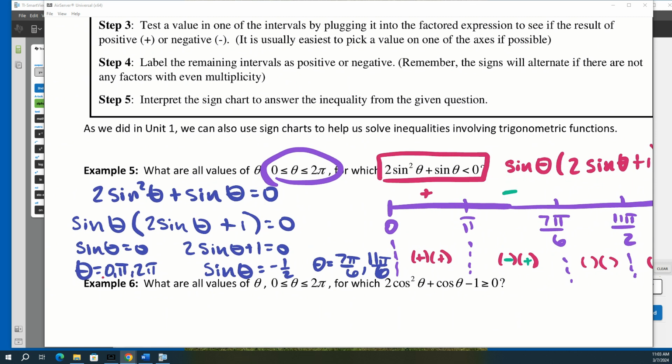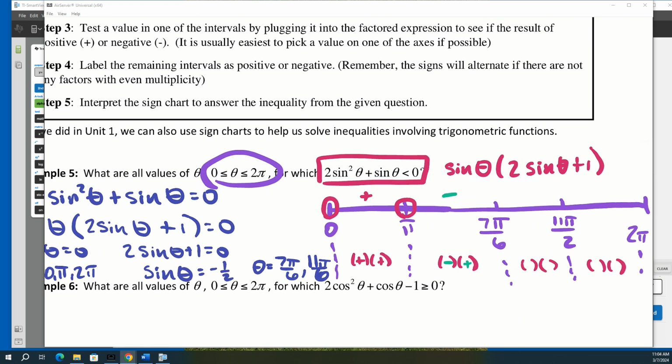Open. So if I don't have the or equal to, I don't include those in my answers. So I have 0, pi, 2 pi, 7 pi over 6, and 11 pi over 6. They're all open circles. Should have done that before, sorry.